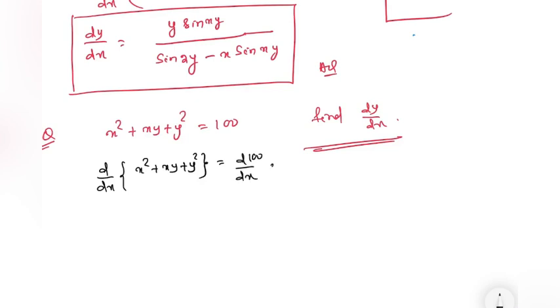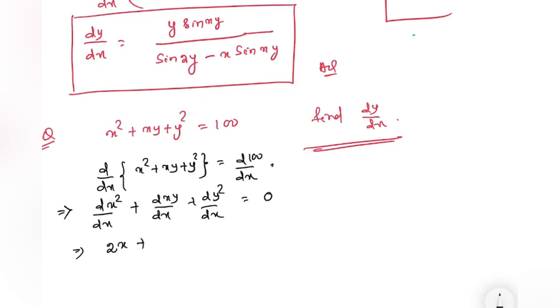Since 100 is a constant, the derivative of the constant is 0. Next, applying the operation of derivatives, derivative of the sum is equal to the sum of their derivatives. So derivative of x square with respect to x, derivative of x into y with respect to x, derivative of y square with respect to x, that is equal to 0.